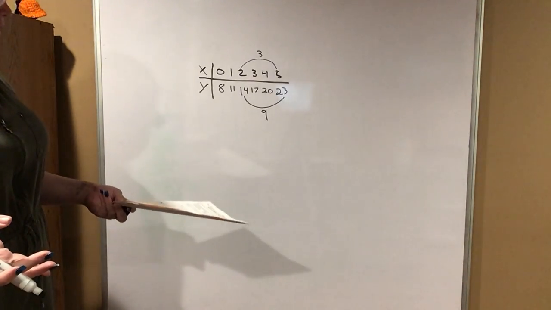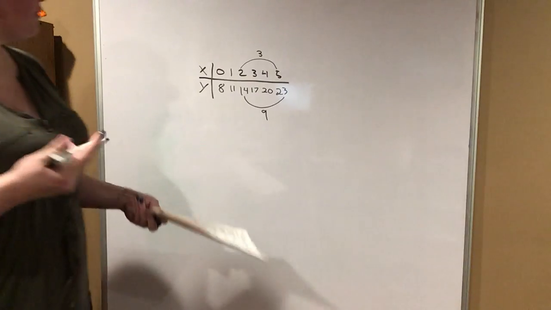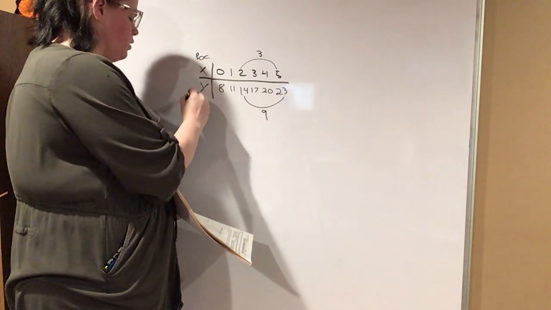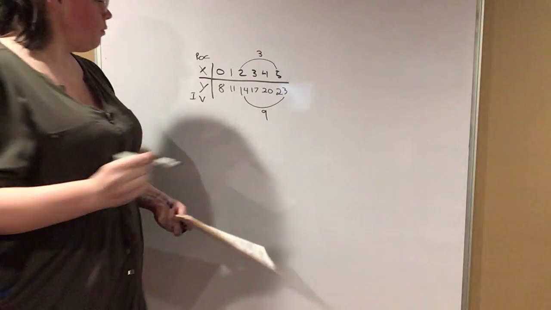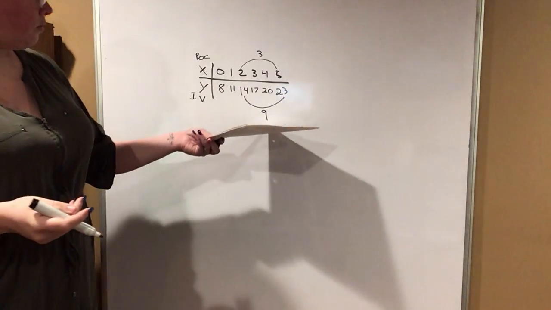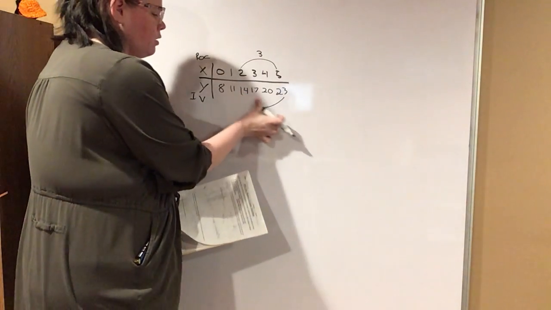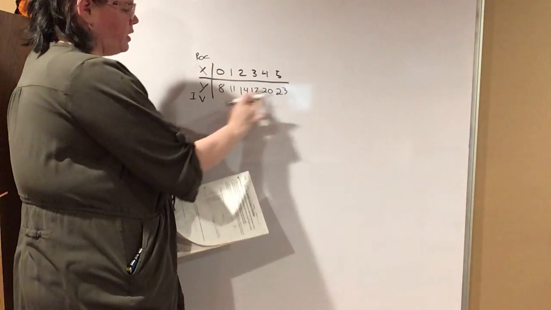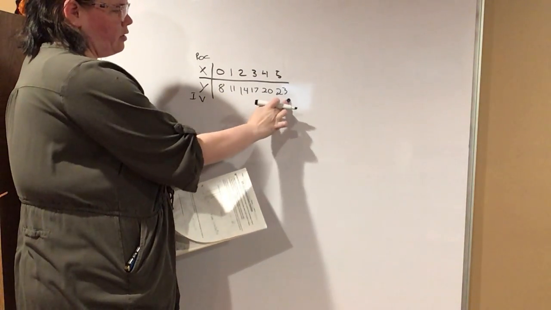So this is what they wanted us to write. They wanted us to write what is our rate of change, which is always this one. So rate of change, initial value. Well, our rate of change is 3. We're growing 3 inches a week, right? Because from here to here, it's 3, 3, 3.